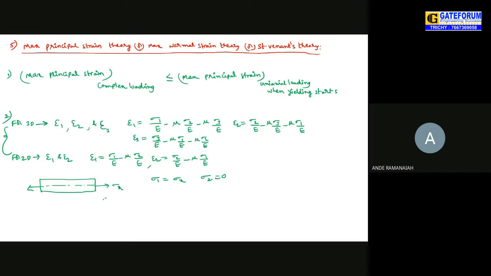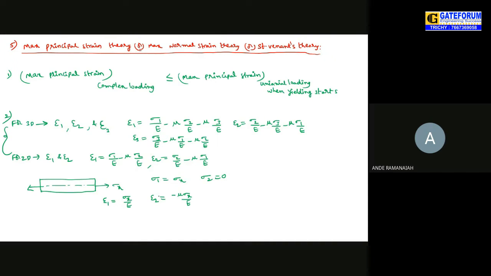Just substitute the values into the above equations. Epsilon 1 will be sigma x by E, and epsilon 2 is not 0, it will be minus mu into sigma x by E.